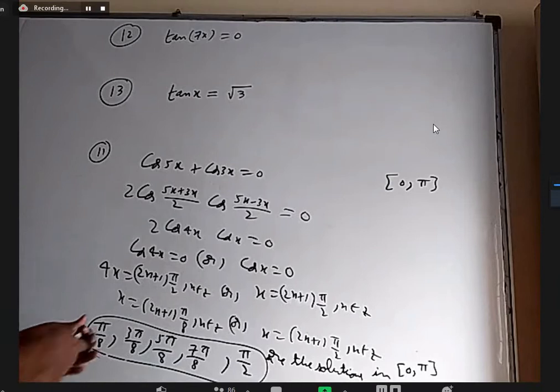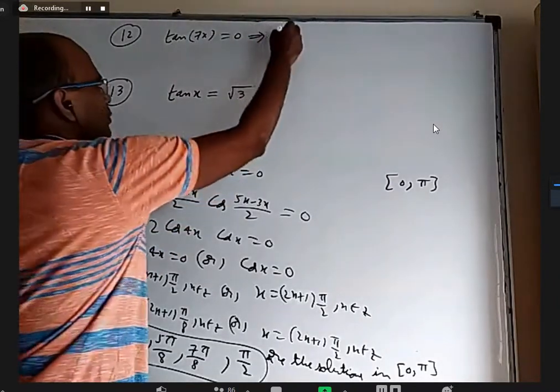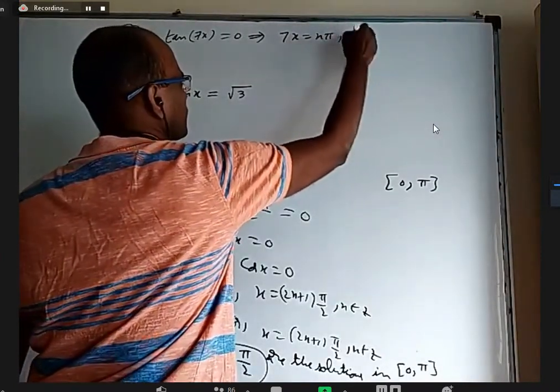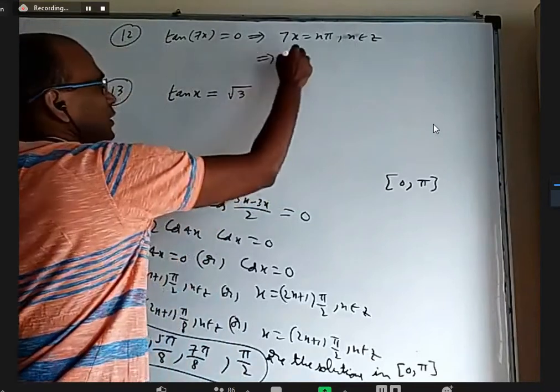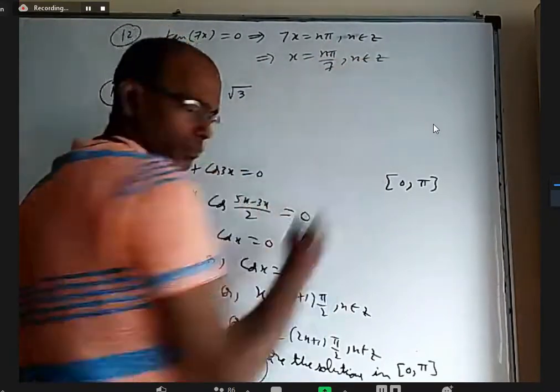Sine of something is 0 means it should be n pi. So 7x equal to n pi where n belongs to Z. n belongs to Z, you have to write every time. So n pi by 7 where n belongs to Z.